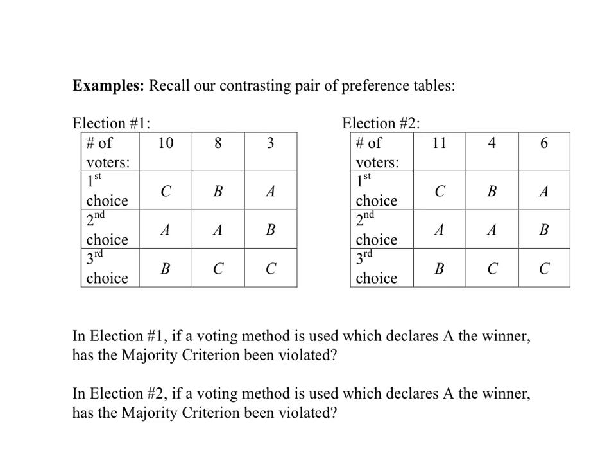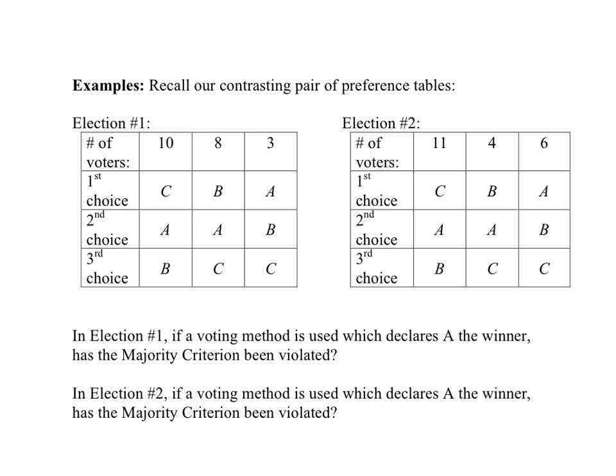So let's recall now our contrasting pair of preference tables, election number 1 and election number 2. Remember that election number 1 gave us a plurality candidate, namely C, but no majority candidate. By contrast, election number 2 did have a majority candidate. Great.